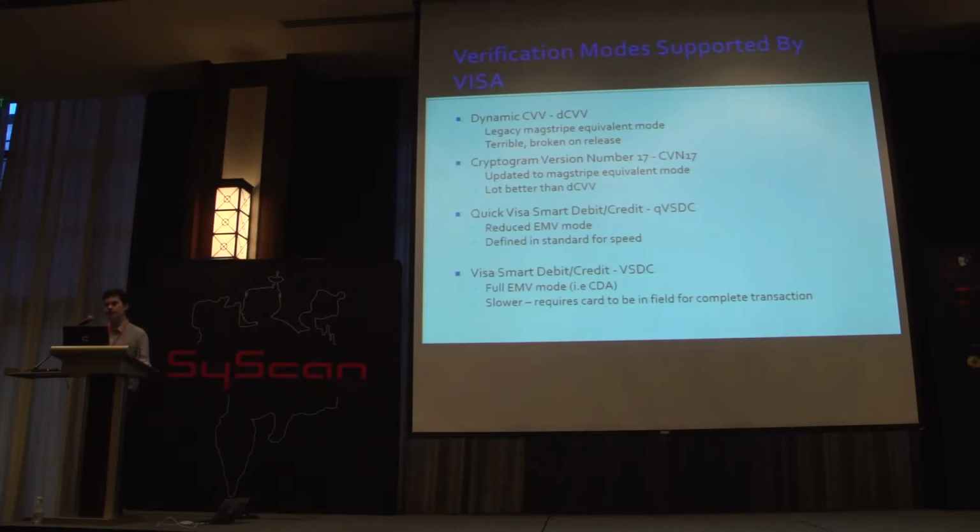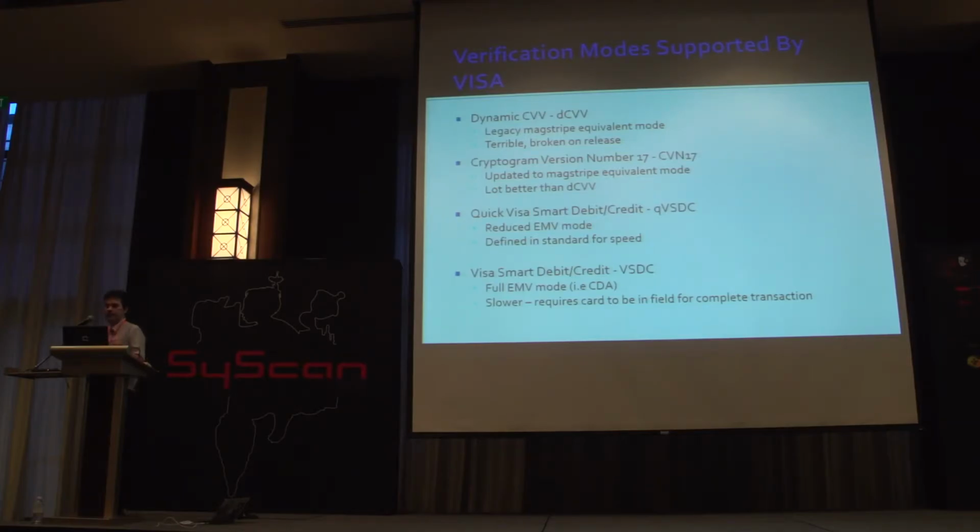You've got the updated version, which is cryptogram version number 17. This is developed off Visa's EMV standards. Simply put, it's taking a few fields and doing an EMV transaction over it to generate what's called an application cryptogram. So it generates a proper token for authentication.